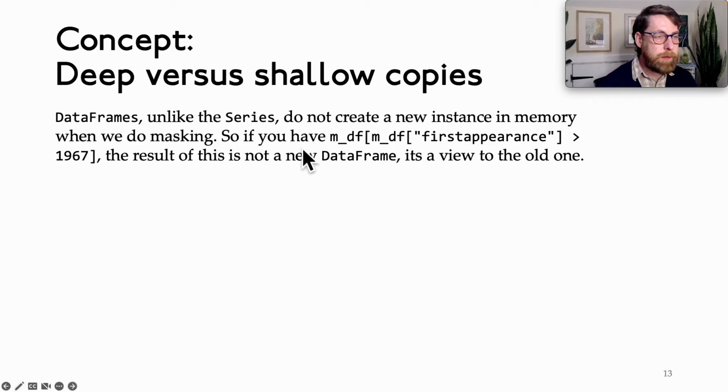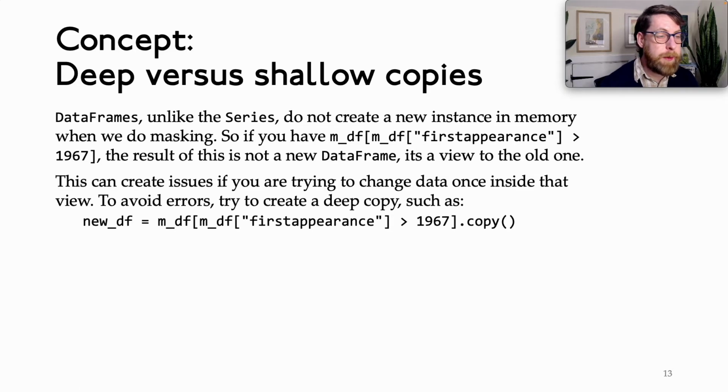But in this case, if we went Muppet DF and then did some sort of mask, say mask it down to those where the first appearance was after 1967, that data frame we get back is actually a view to the old data frame. And so we might make some accidents if we try to change one and expect the other one to not be changed. We can avoid that by doing .copy.